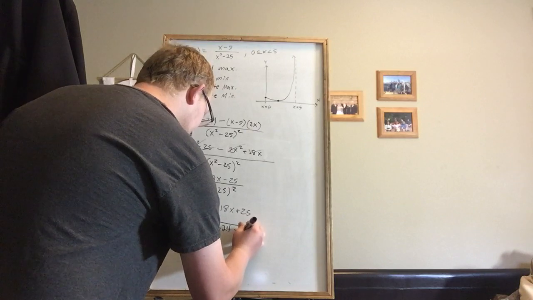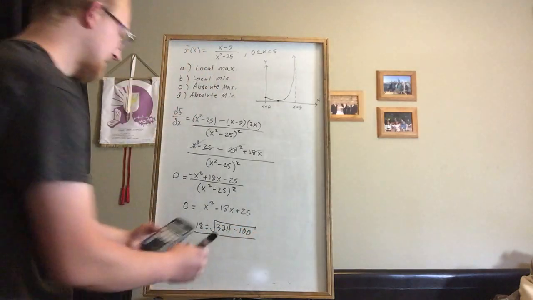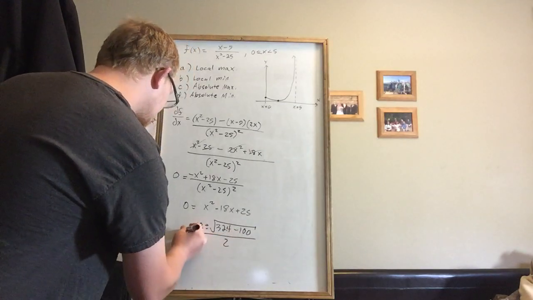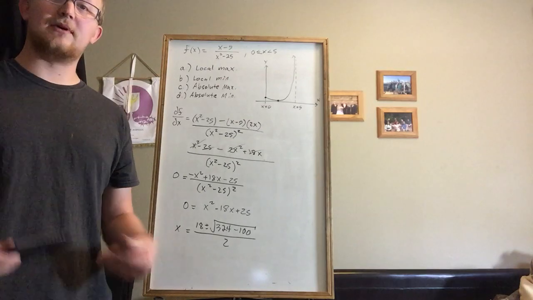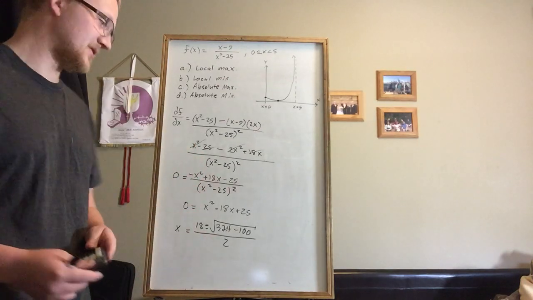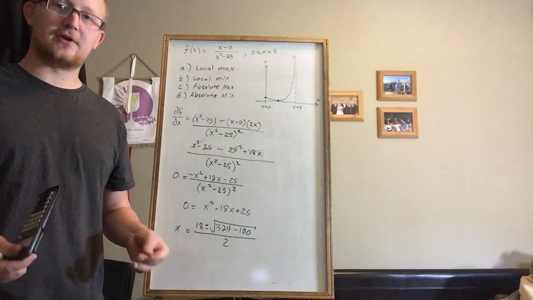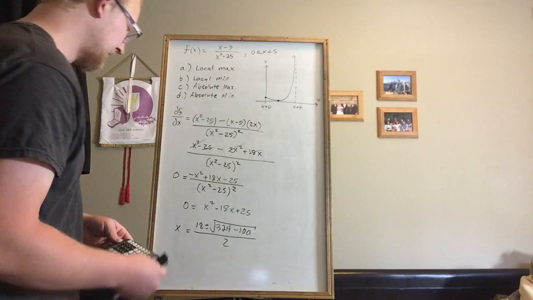That's subtracting 100, all over 2a. And a is 1, so we just end up with 2. These are going to be the x values of our critical points calculated using when the derivative equals 0. Those aren't going to be all the critical points, but those are going to be the ones that can be found using the derivative.